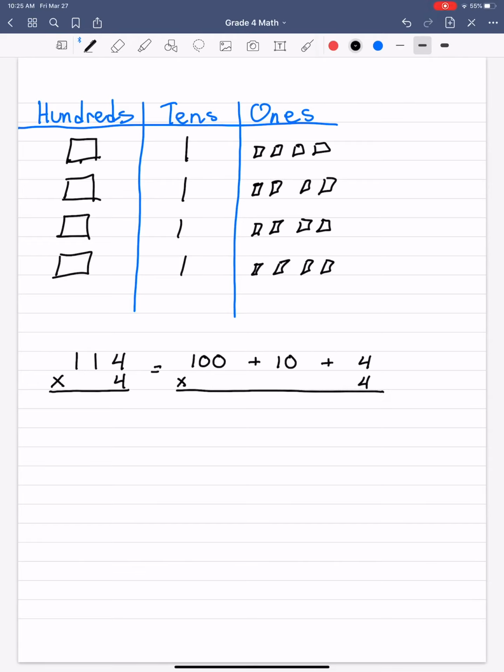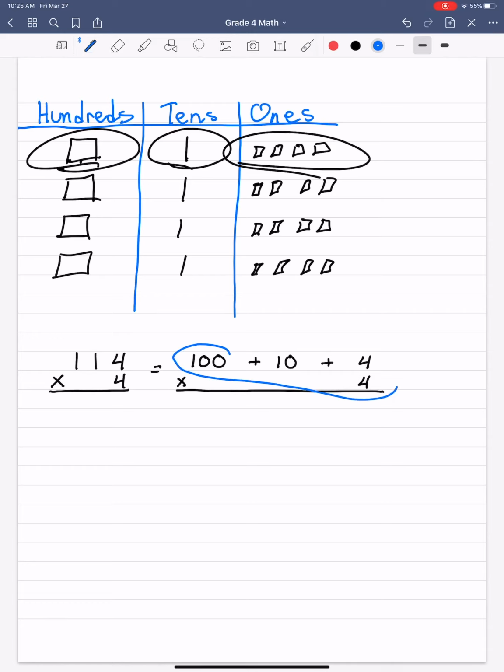So if you're not sure about expanded form, just look at your place value chart, right? So here's our 100, here's our 10, and here's our 4. So we're going to start by multiplying 100 by 4, which is 400. And next we're going to go to our tens, multiply 10 by 4, which is 40.